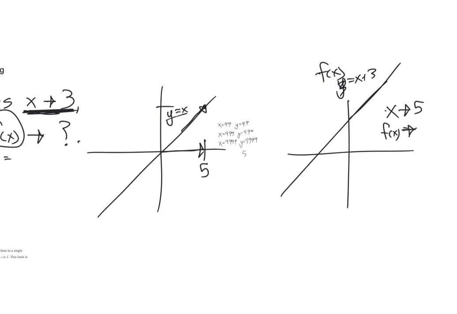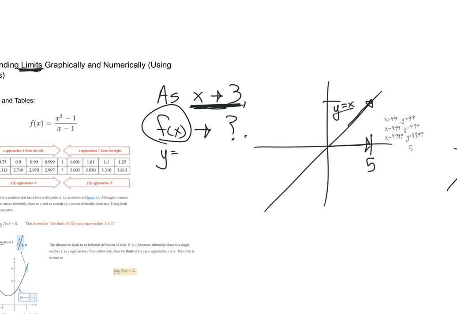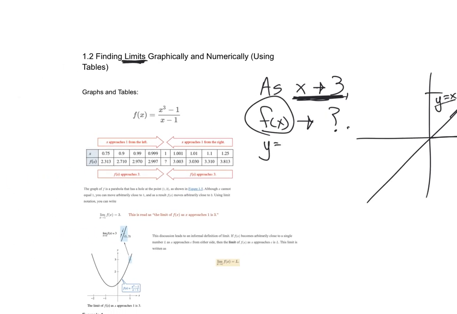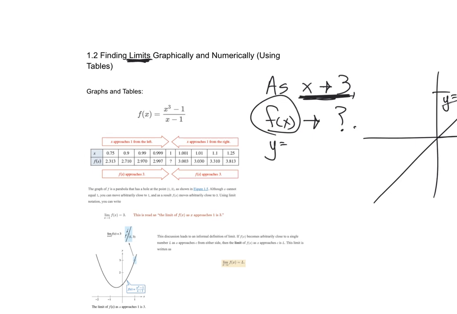Well, as we get closer to 5, so here's 5, this is going to be 8. The point is 8, so I know the function is going to get closer to 8. And that is the essence of the limit question when we're looking at a graph or a table. And that is the concept, as our x values approach a certain value, what do our y values approach?